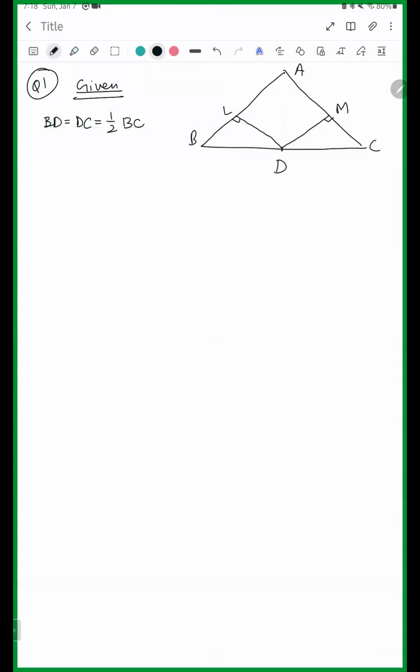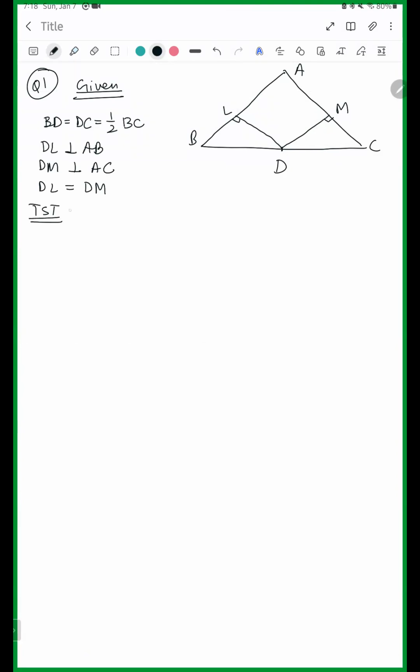The second thing that is given is DL is perpendicular to AB and DM is perpendicular to AC and DL is equal to DM. We have to show that.